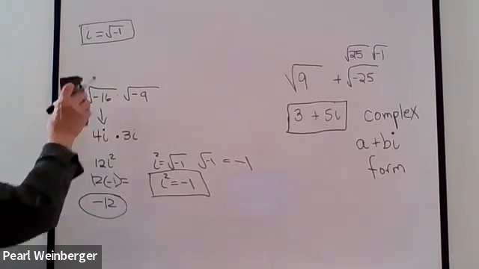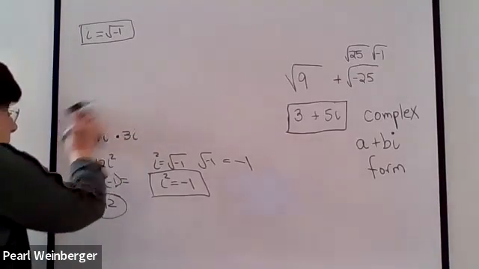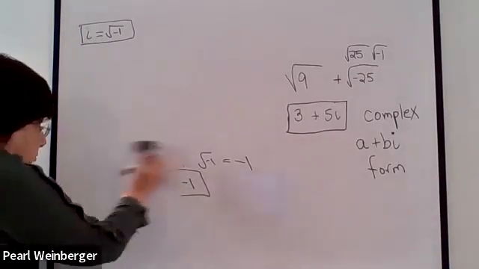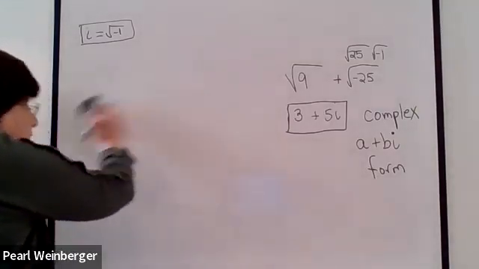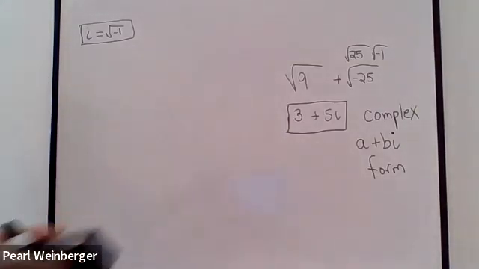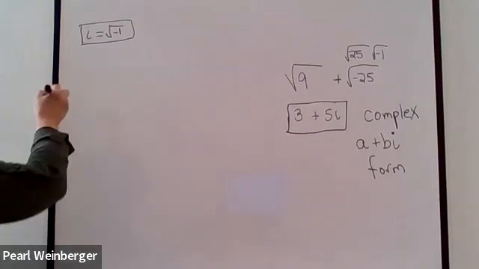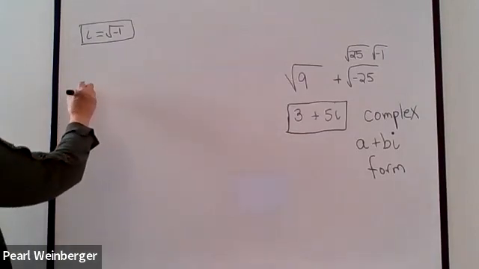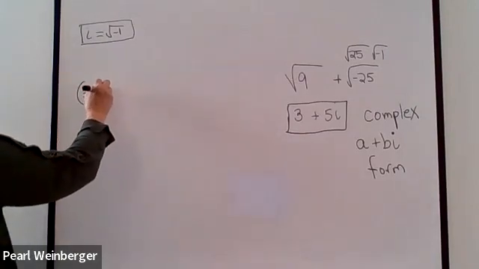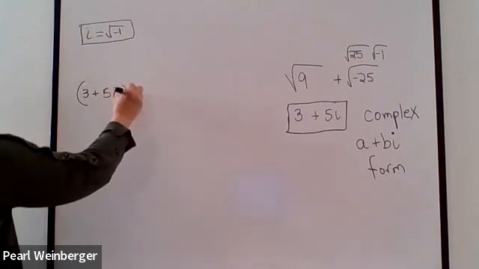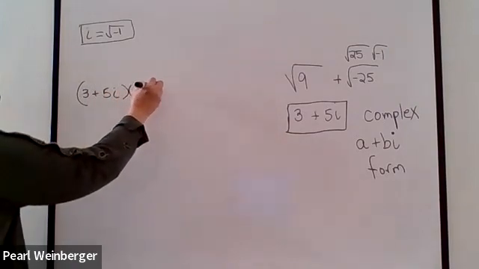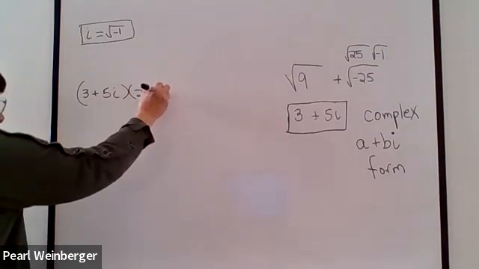Well, what if I had two complex numbers? I'm just going to do this, and this is where we're going to leave off and start on Friday. What if I had, let's say, the complex number 3 plus 5i times 2 minus 7i.